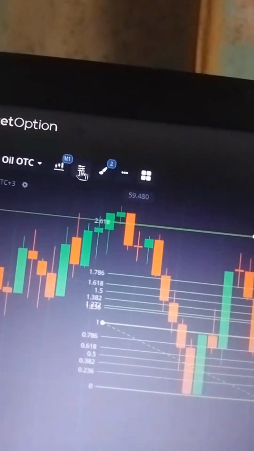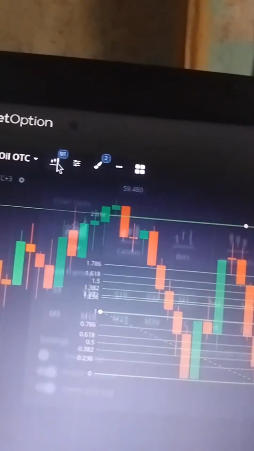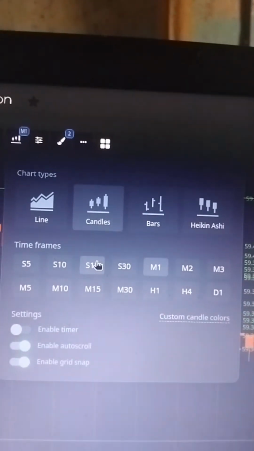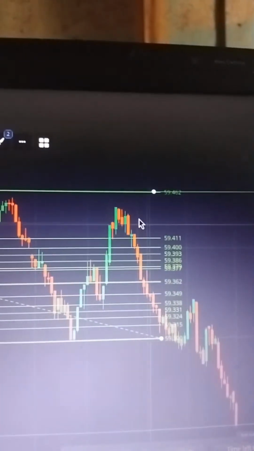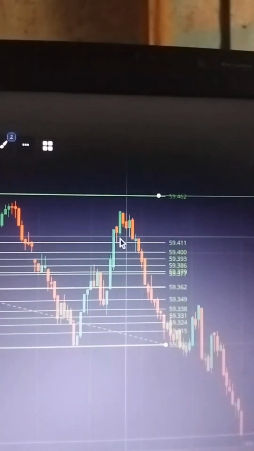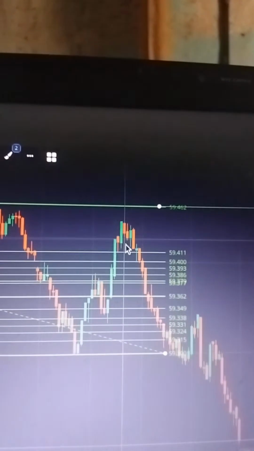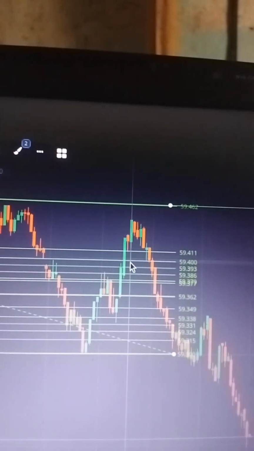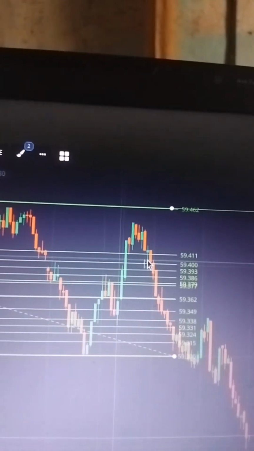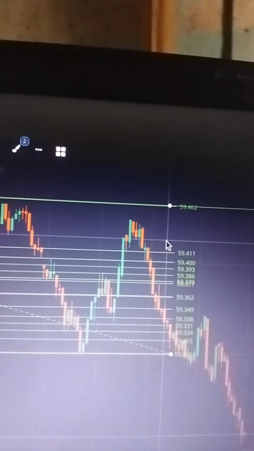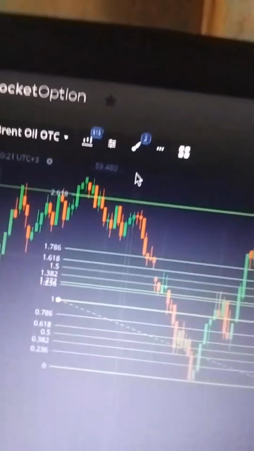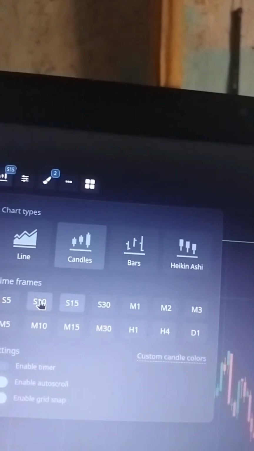But on the 15 minute, there is nothing. I'm sorry, on the 15 second, there is nothing. Look at that. There is no shift in market structure. You could use inverted fair value gaps, but we cannot use that unless we see a structure shift.